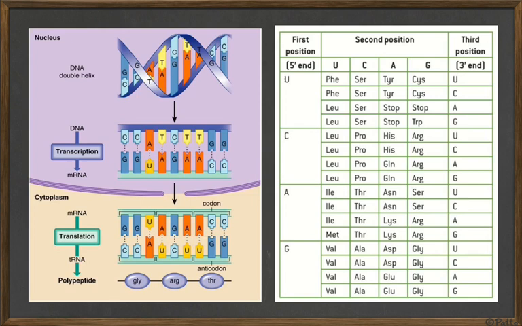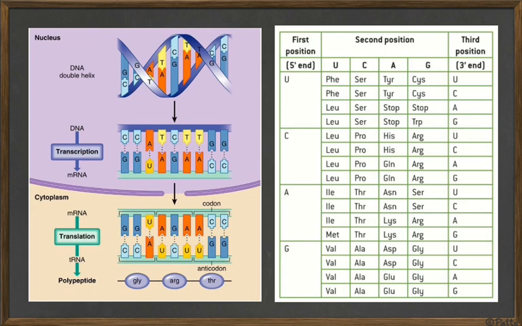For example, UUA and UUG code for leucine. CU anything codes for leucine as well. See, there are 6 possible combinations of letters that are going to be coding for leucine. The genetic code is redundant. In some cases, you have more combinations of letters, more codons, than we have amino acids.